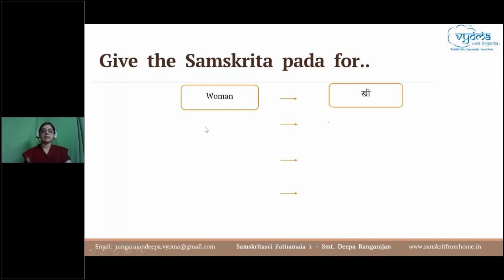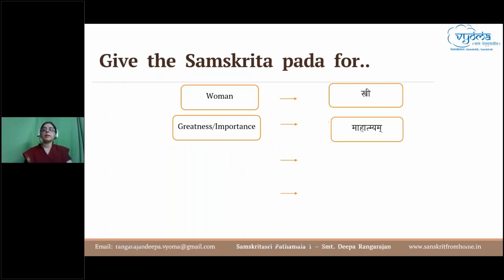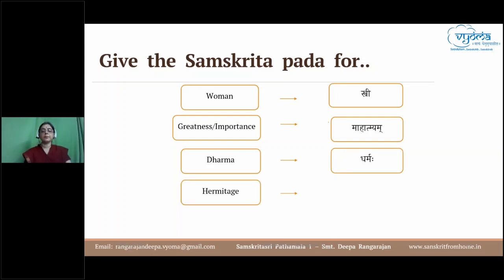That is Stri. Next is greatness or importance. Mahatmyam. Very good. Mahatmyam is importance. Dharmaha. Very good. Dharmaha, it's a pullinga word. Ashramaha. Very good. Ashramaha is a hermitage. Dhanyavadah.